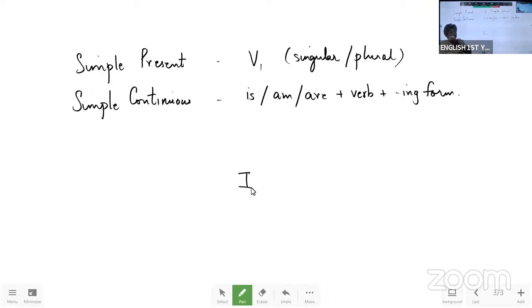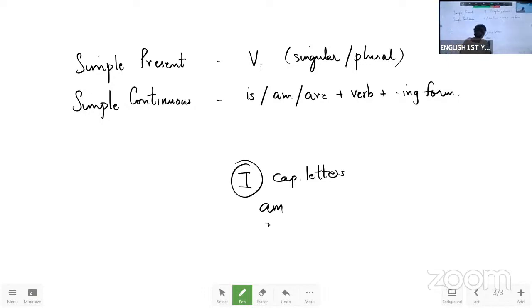In what way? When you write I in the middle of the sentence, you write it in capital letters. With I, you use the word am. Only with the I letter, you use am.